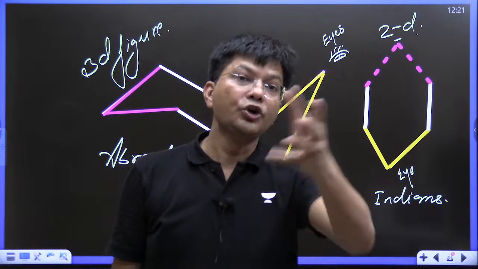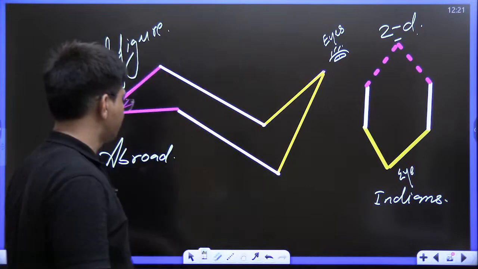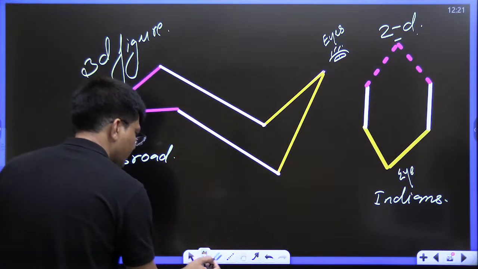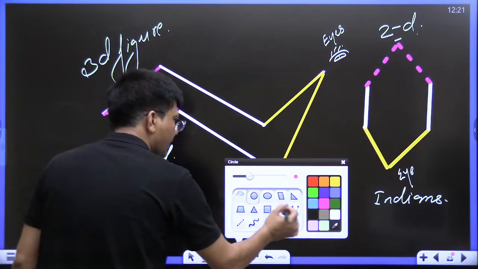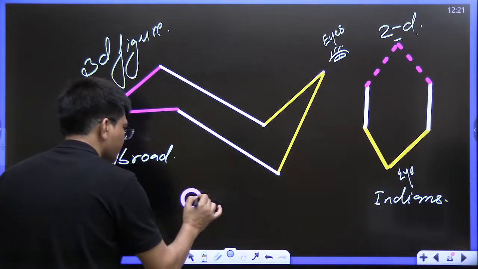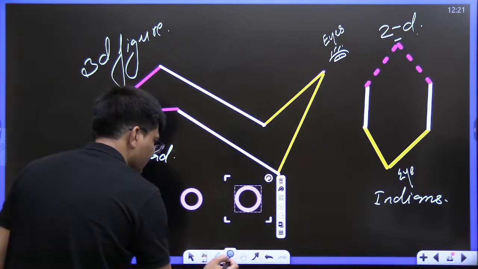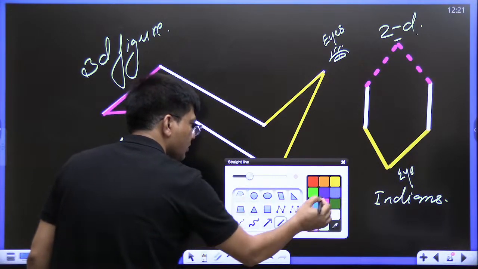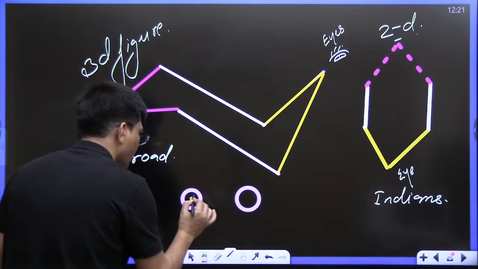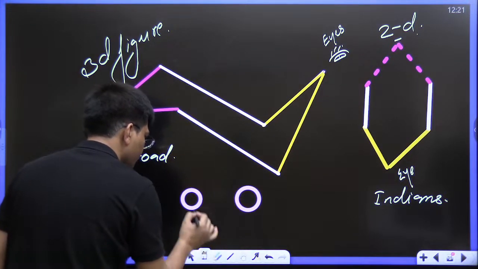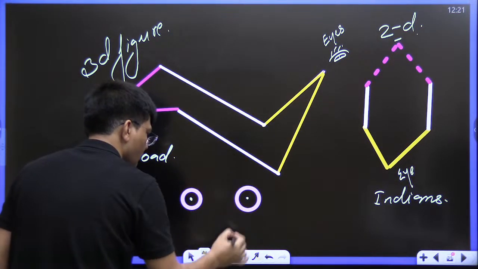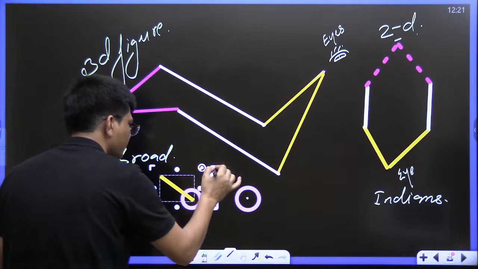And now Newman has seen this structure like this. See, kids, Newman has drawn this structure like this. This is also cyclohexane. Try to understand what Newman has done.